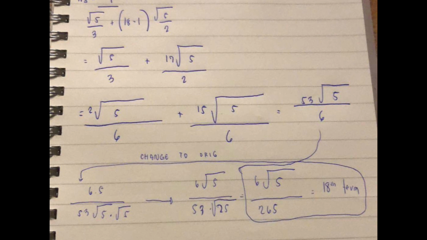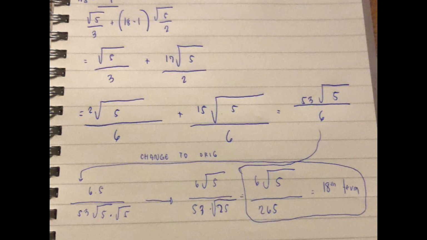Square root of 5 over 3, which is a sub 1, plus n minus 1, n is 18. 18 minus 1, multiplied by square root of 5 over 2, which is the common difference. So we're going to subtract 18 minus 1, that's going to be 17. Multiply it by square root of 5 over 2, that's going to be 17 square root of 5 over 2. So square root of 5 over 3 plus 17 square root of 5 over 2.